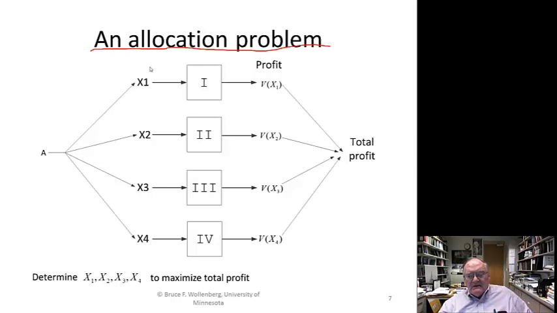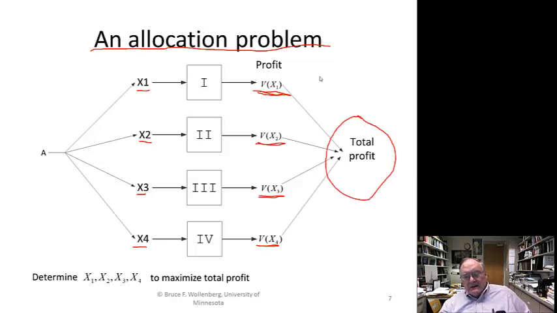The idea is that I have, let's say, 4 businesses or 4 divisions of my company, and I would like to allocate a certain amount of resources, which are x1, 2, 3, and 4, and if I allocate an amount x1, then I make a profit of V of x1, V of x2, V of x3, V of x4, and I add them together to get the total over here.